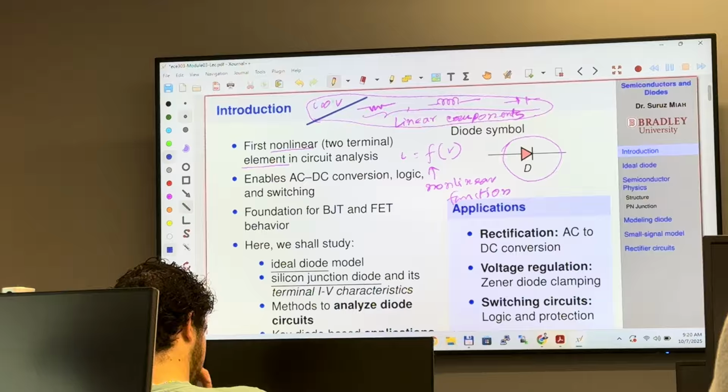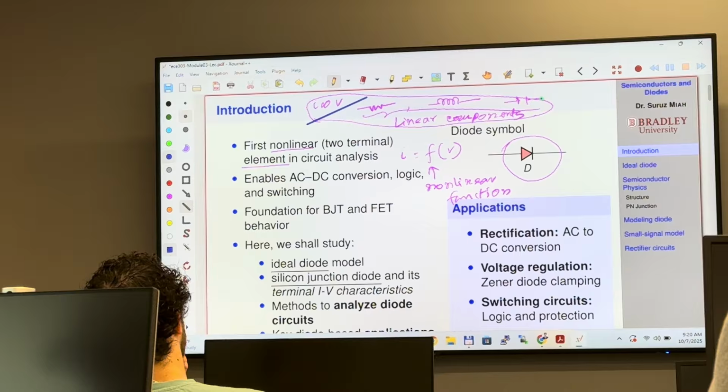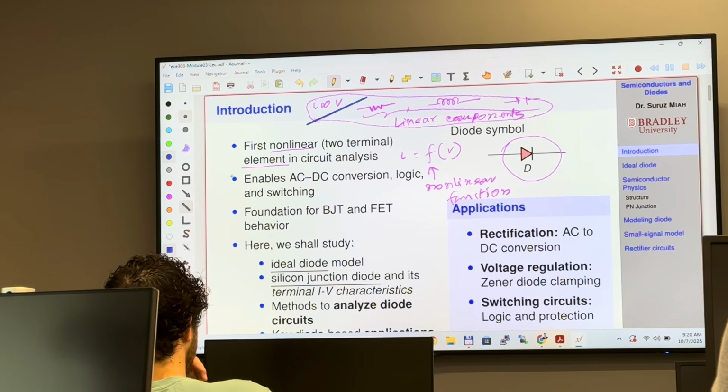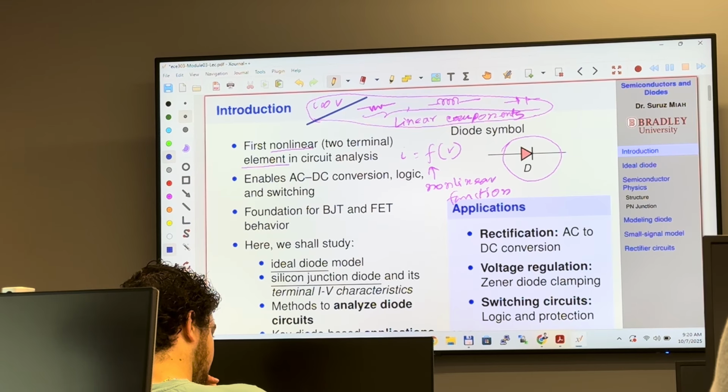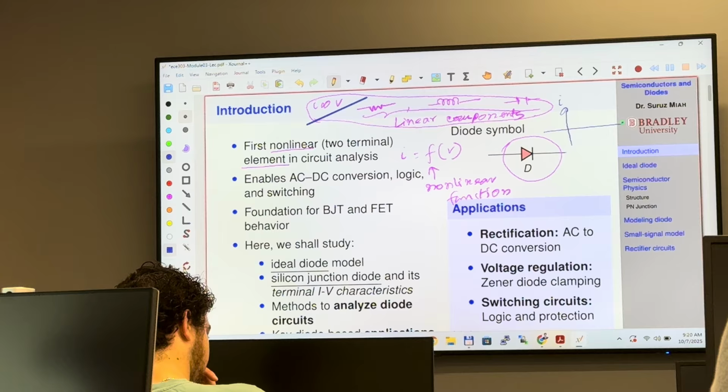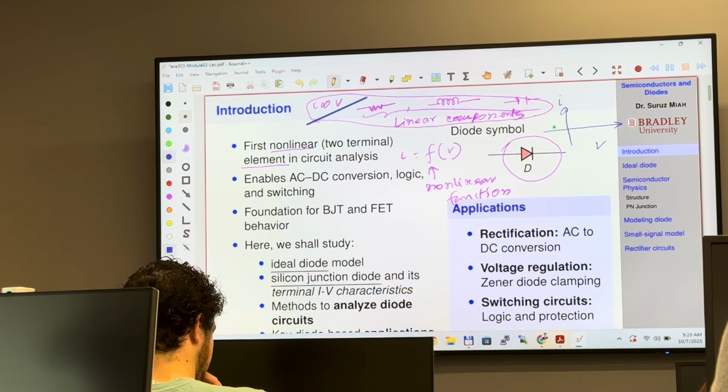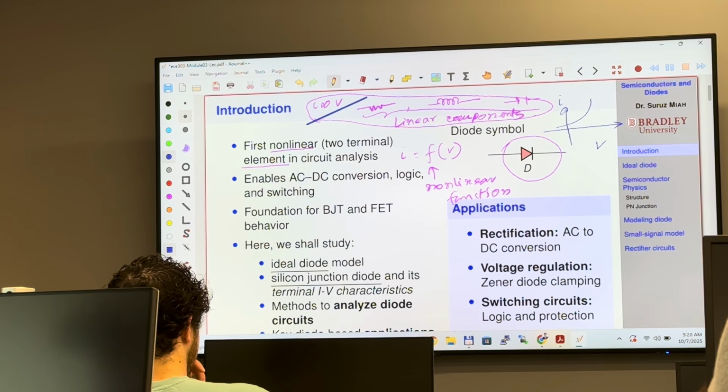For resistance, inductor, capacitor, the IV relationship is linear. But for a nonlinear device, the diode that we are talking about, the IV characteristic is not linear. If the y-axis is I and the x-axis is V, the IV characteristic is going to be like that, nonlinear.